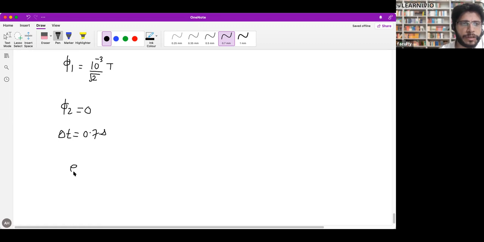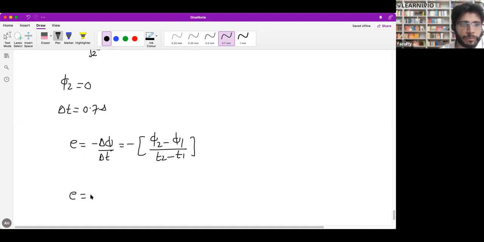You can easily calculate induced EMF. It's minus of delta phi over delta T, which is minus of phi 2 minus phi 1 over T2 minus T1.